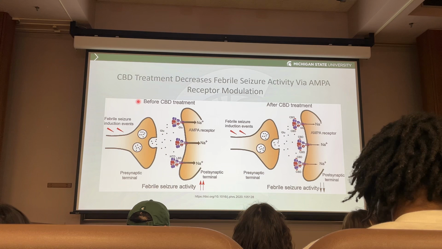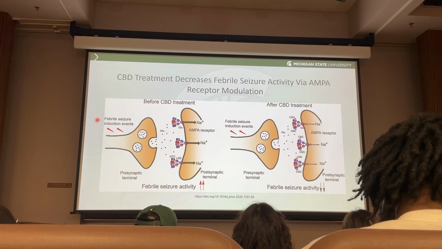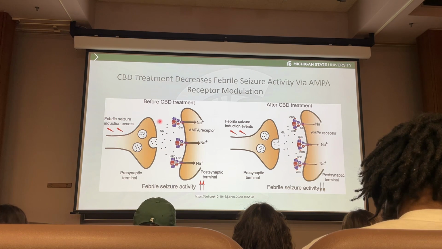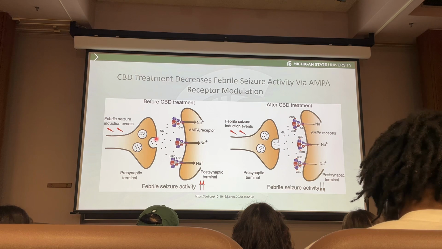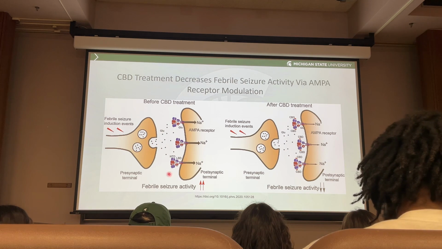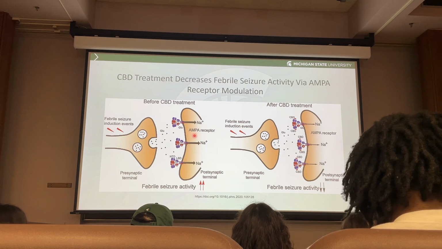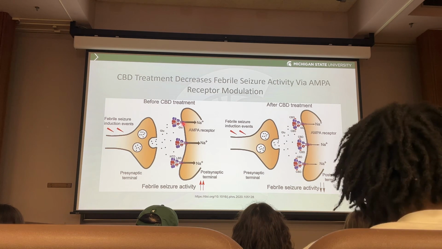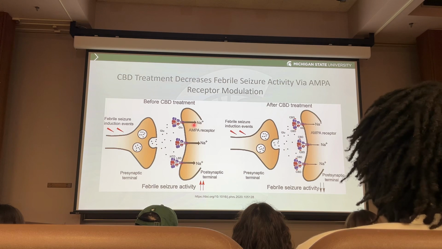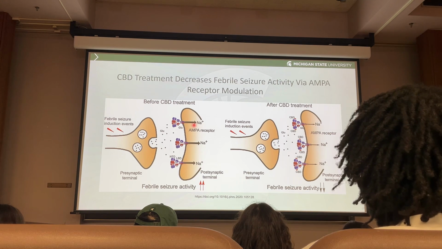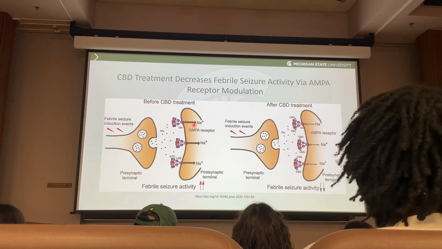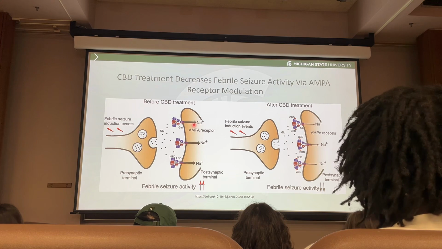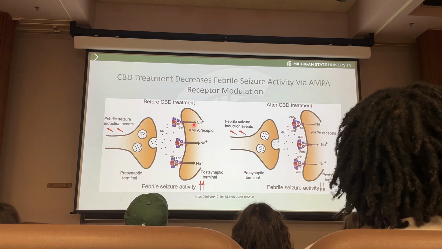But the idea is that in normal seizure conditions, you have an increased glutamatergic tone, where glutamate is activating AMPA receptors, okay? And then there's a certain amount of downstream signaling that happens that is kind of aberrant and out of control, if you will. But the idea is this is controlled by glutamate transmission in the brain.